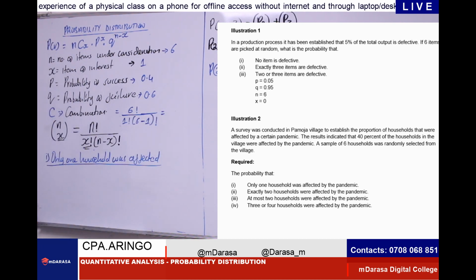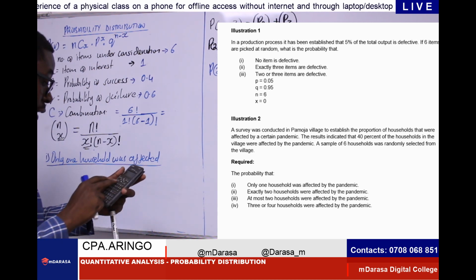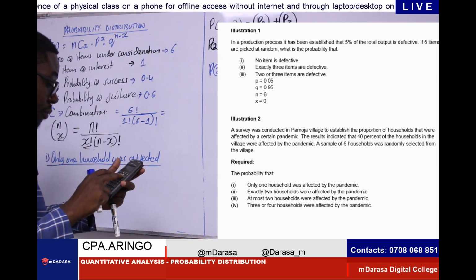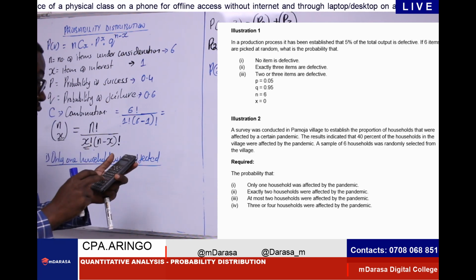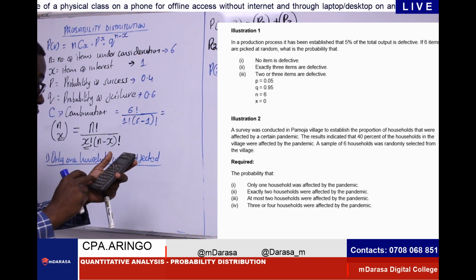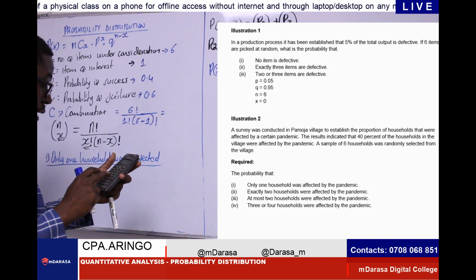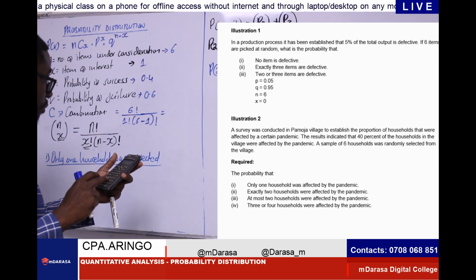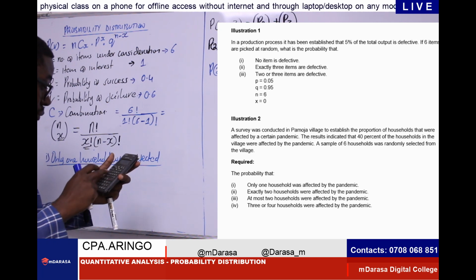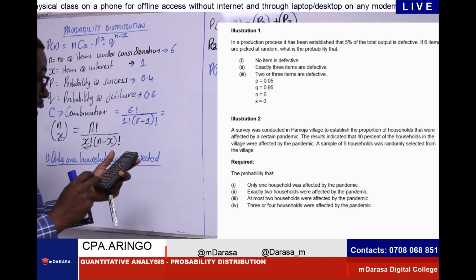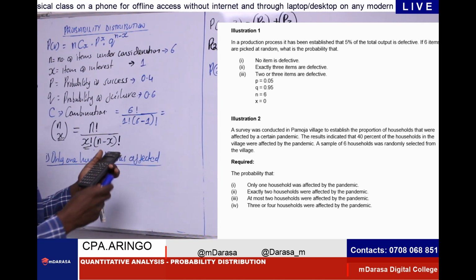I taught you that in our last class, so I'll do it quickly now. 6 shift, factorial sign there, divided by 1 factorial times 6 minus 1 factorial. We close that, and at the end of the day this should give us 6.